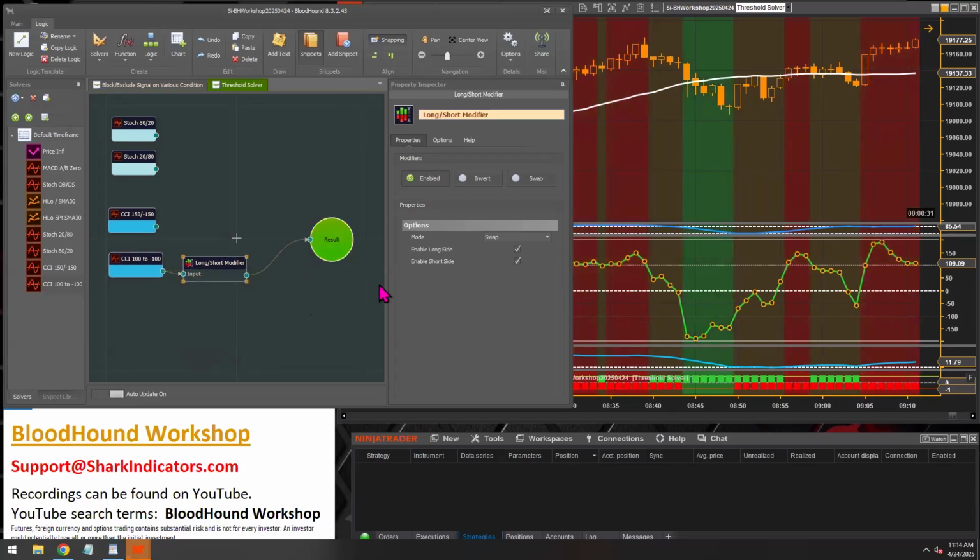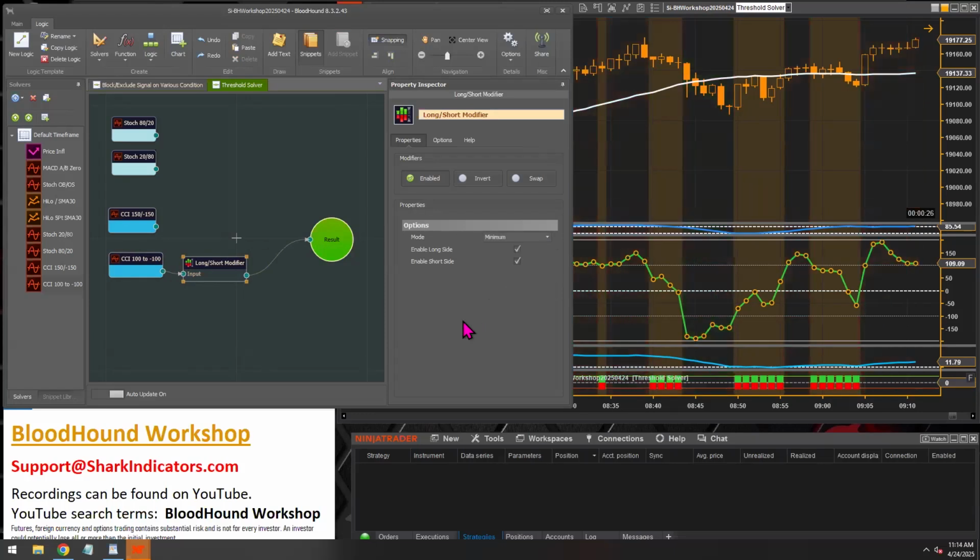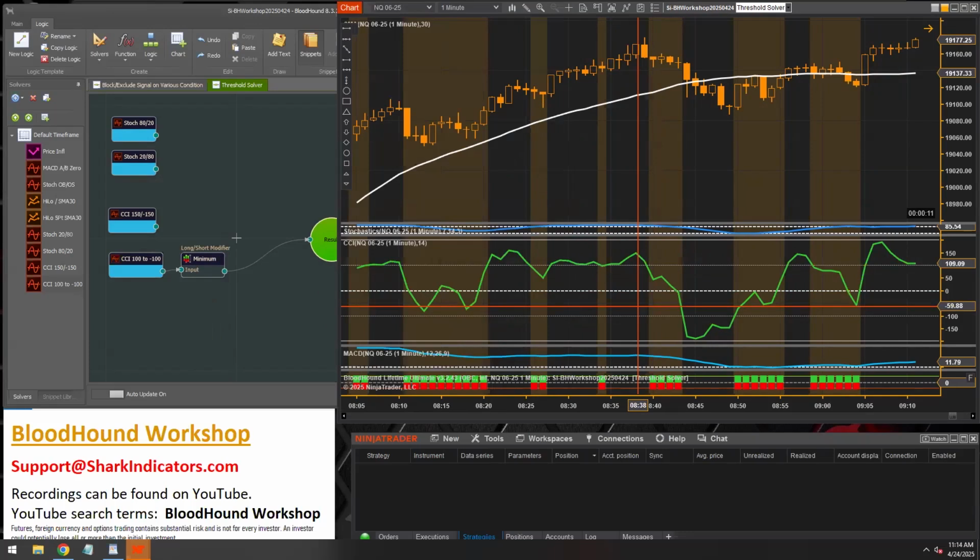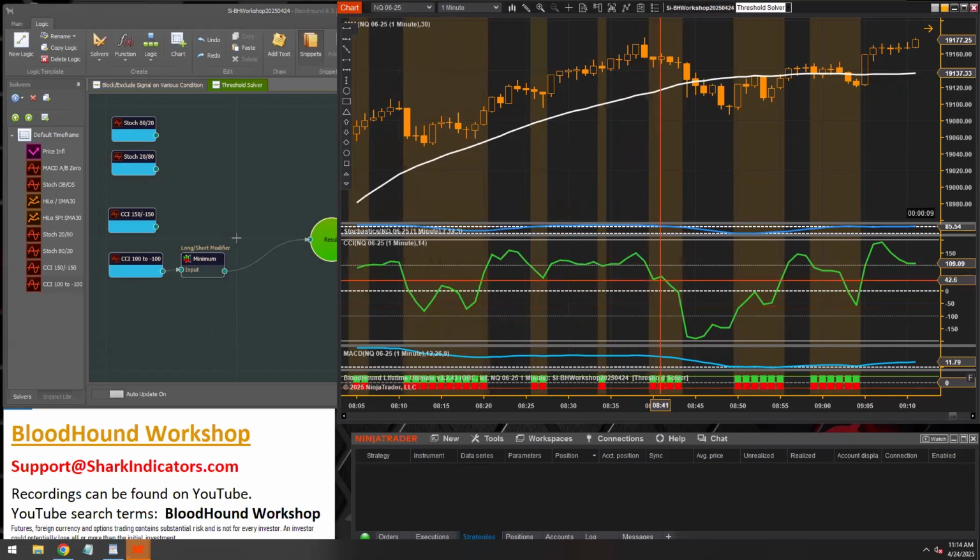There, connect that in, and we're going to use the minimum mode there. And I do like to rename the long short modifiers here to tell me what mode it's set to, right? And there we go. So now we know when the CCI is right in the sweet spot, right in the middle there.